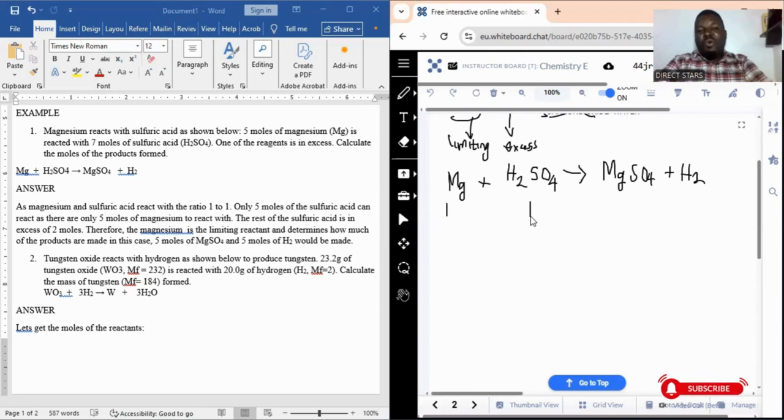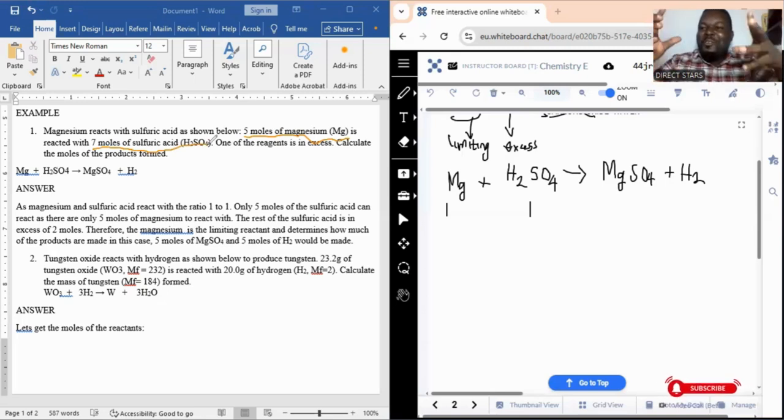I repeat, 5 moles of magnesium is reacted with 7 moles of what? Sulfuric acid. So 5 moles of magnesium was used in this reaction and 7 moles of sulfuric acid was also used.